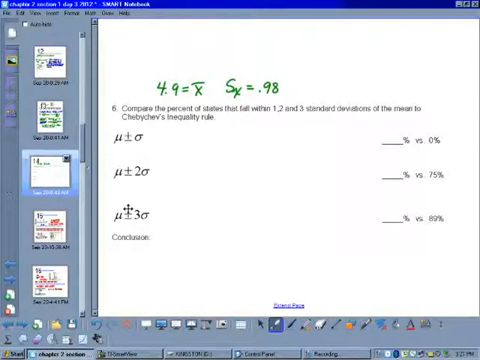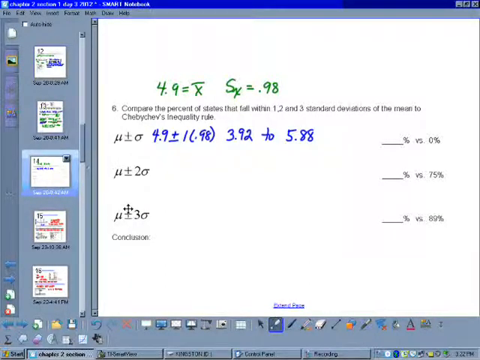So for the first one, I'm going to take 4.9 plus or minus 1 times the standard deviation. And if you do that in your calculator, you should get 3.92 as the unemployment rate to 5.88.